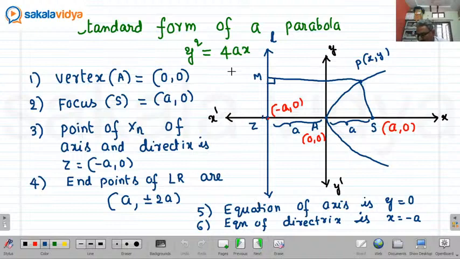How to find the equation of the axis is very simple: the square term needs to be equated to 0. The square term y square equals 0, so you get y equals 0. The equation of the directrix is x equals minus a.